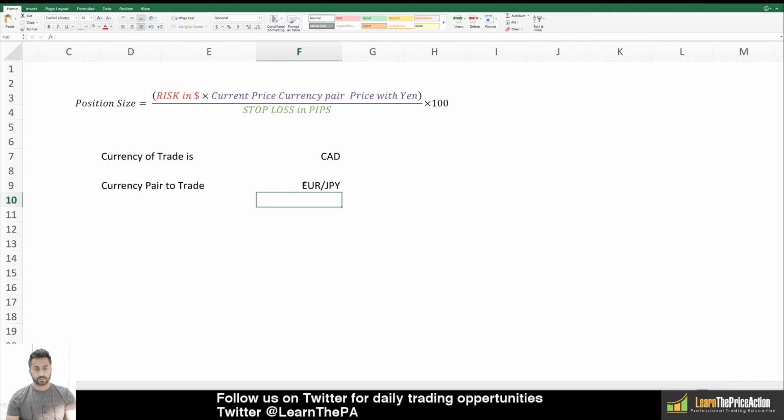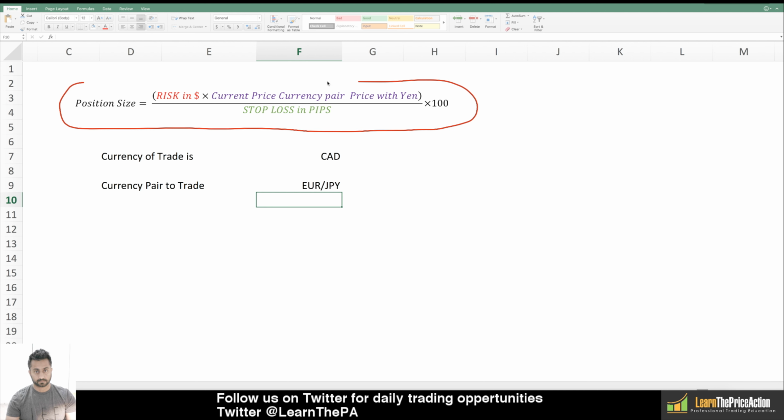By the way, this formula I'm showing you right here is only valid for currency pairs which are in yen, for example pound yen, euro yen, Aussie yen, US dollar yen, Canadian dollar yen, and so on, Swiss franc versus yen.